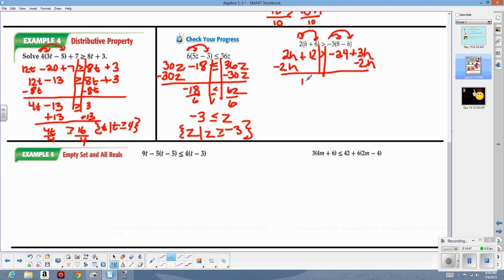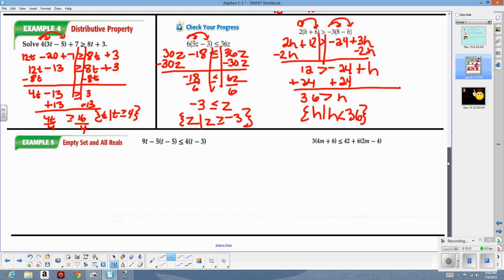So I end up with 12 is greater than negative 24 plus h. To get h alone, I'm going to add 24 to both sides. 12 plus 24, that's going to be 36, is greater than h. So our solution is all real numbers h such that h is less than 36.